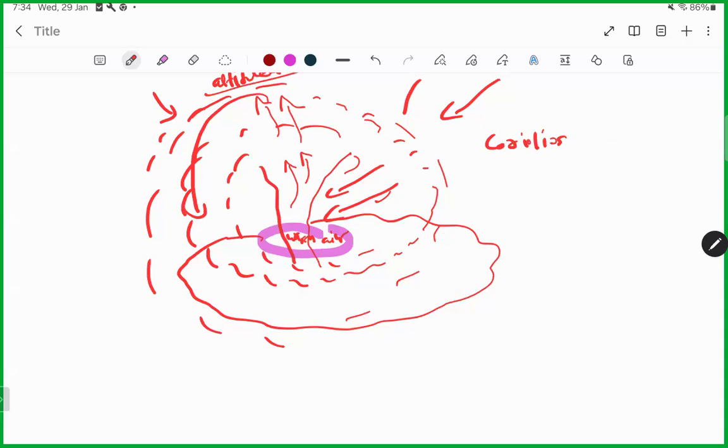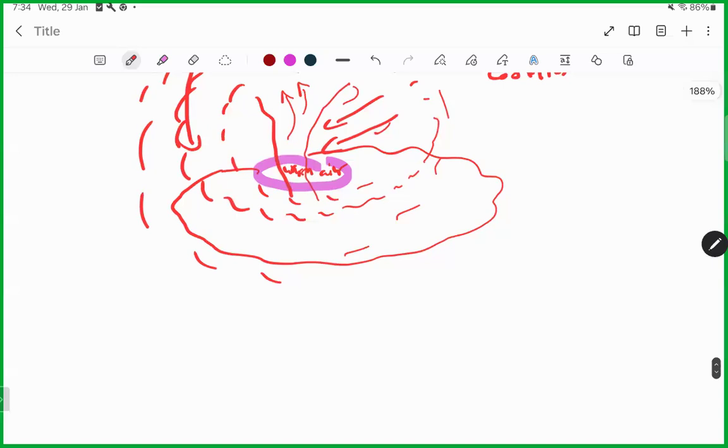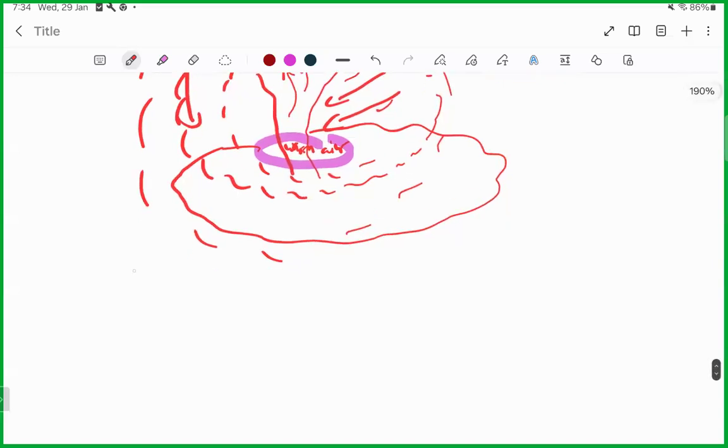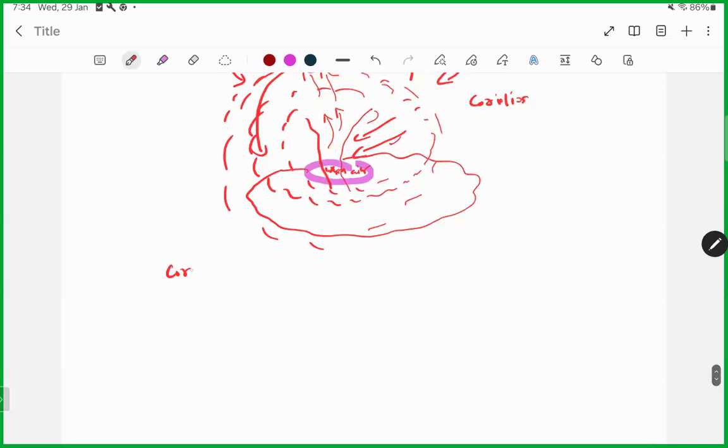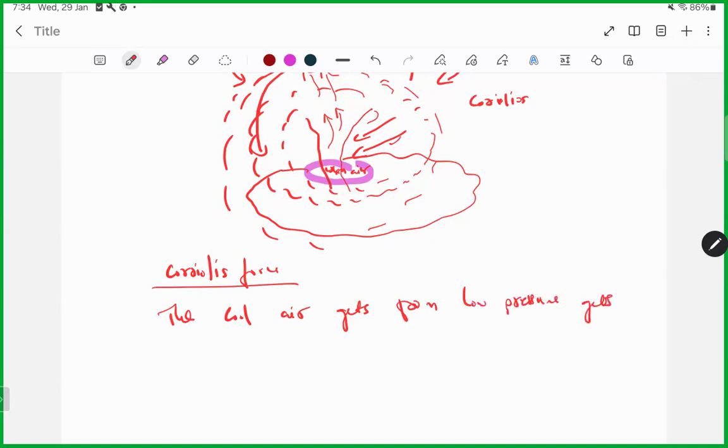Because of the Coriolis force, the cool air from low pressure gets deflected.